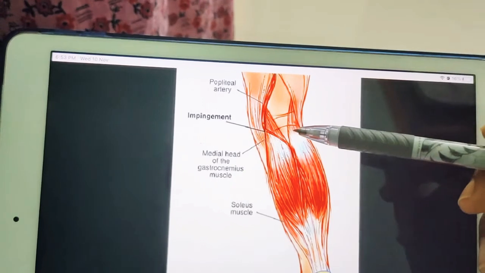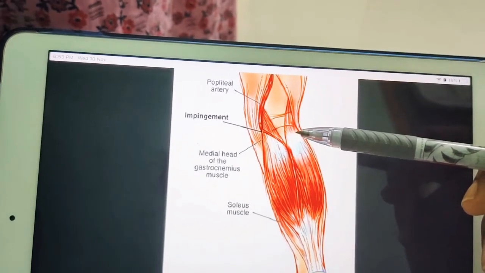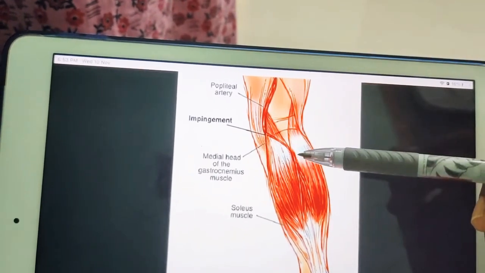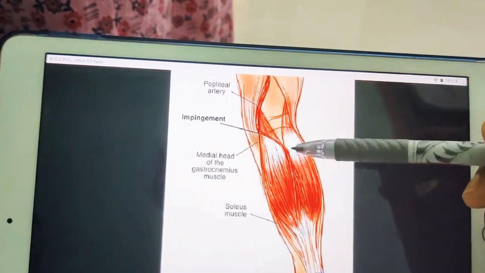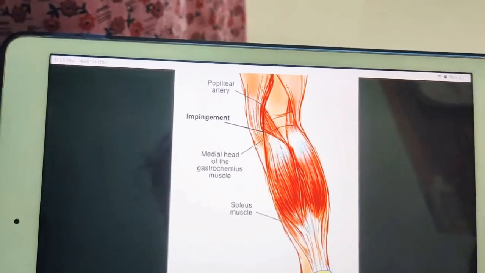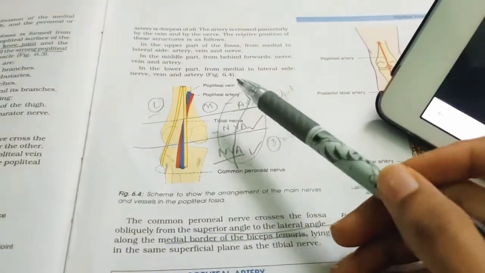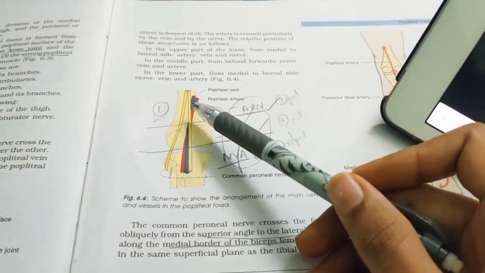Now we go to the posterior, or superficial, relations. Posteriorly, the artery is mainly related to the popliteal vein. In this diagram you can see the popliteal artery and the popliteal vein.